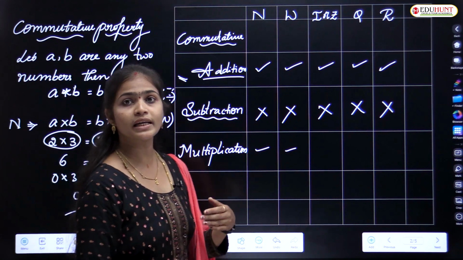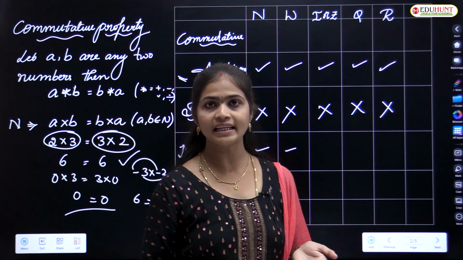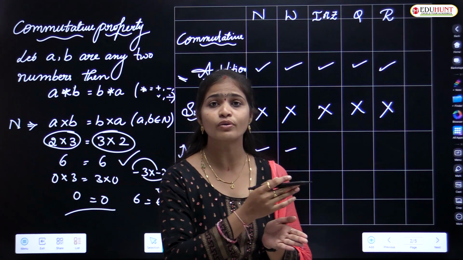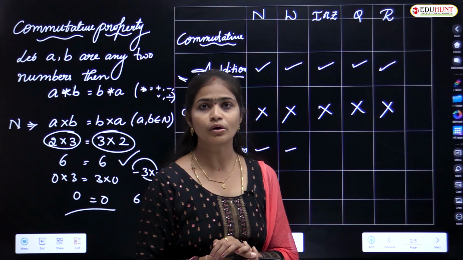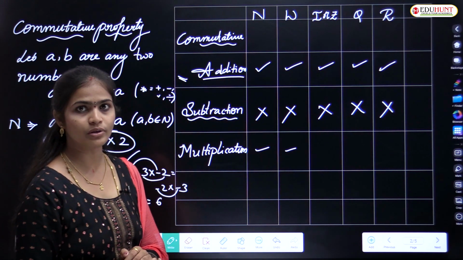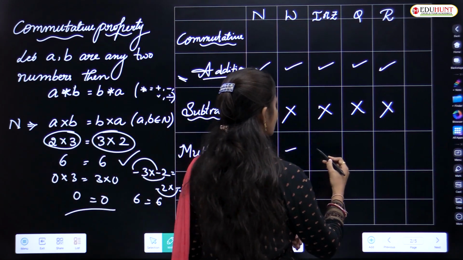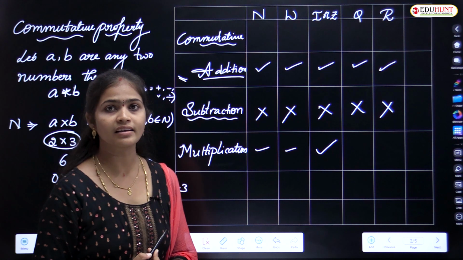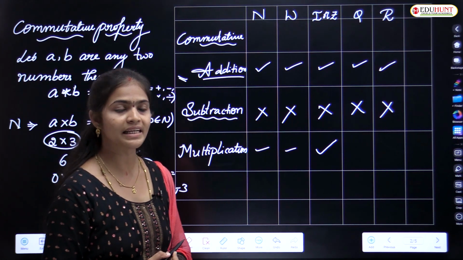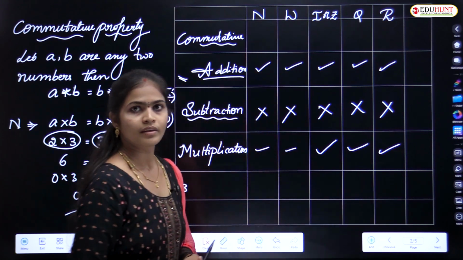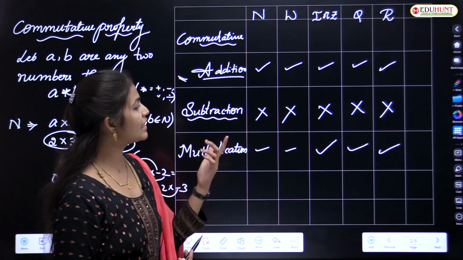In the same way, if you take one positive integer and one negative integer, then also you will get the same result on both sides of the equal to symbol. So this will also be satisfied. So integers are commutative under multiplication, as well as these two also will be satisfied. Here we can say that rational numbers.